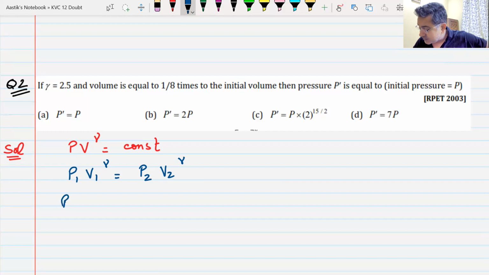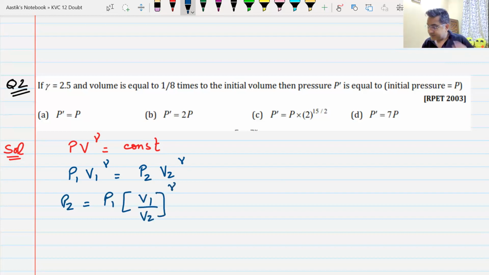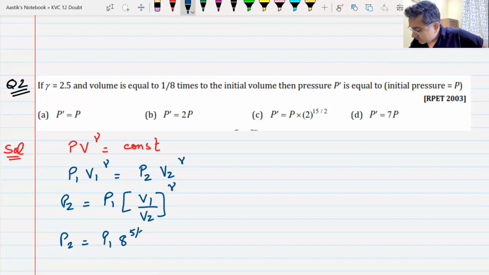So from here I can write P2 as P1 into V1 by V2 raised to the power of gamma. So I get P2 as P1, V1 by V2 is 8, so 8 raised to the power of 5 by 2.